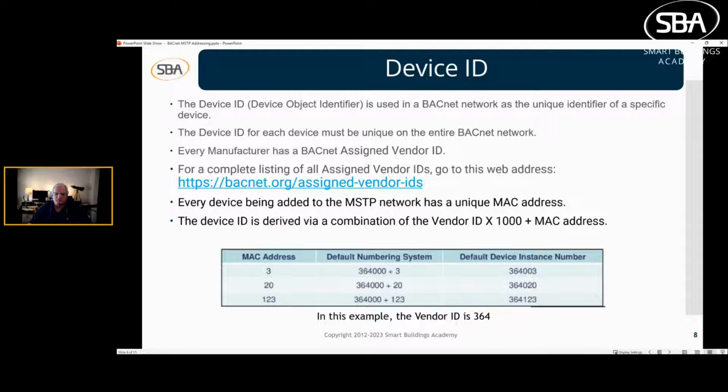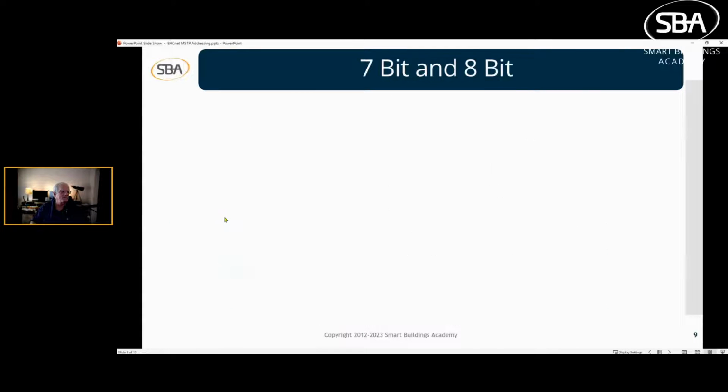If I have a MAC address of 20, I go through the same steps and I end up with that device ID right there. If I have a MAC address of 123, same principle. Multiply by 1,000, add the 123, I get my unique device ID. The device ID has to be there, and it's recommended by BACnet to follow this as the standard.